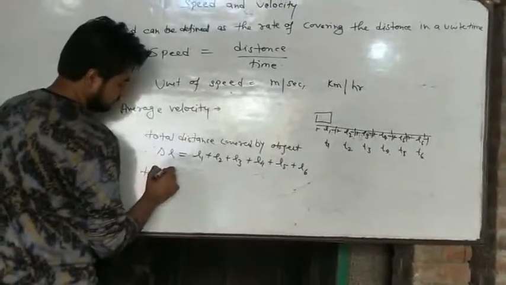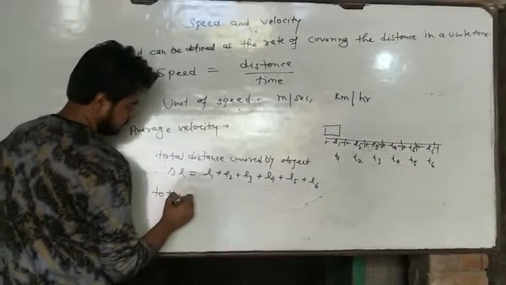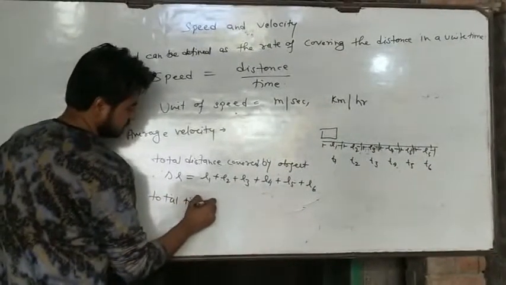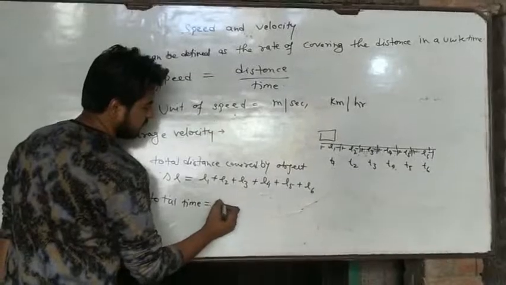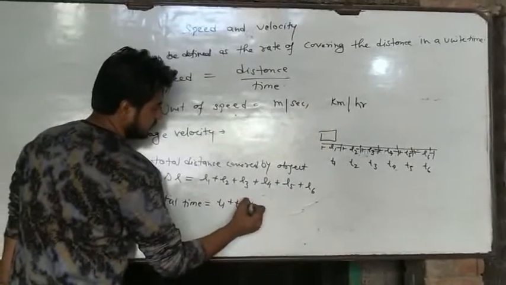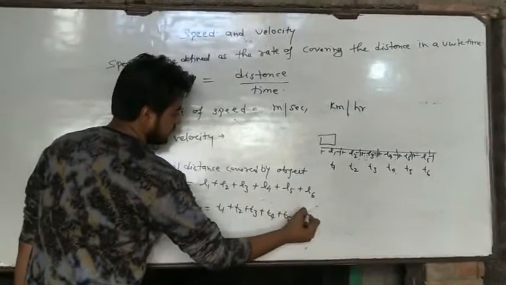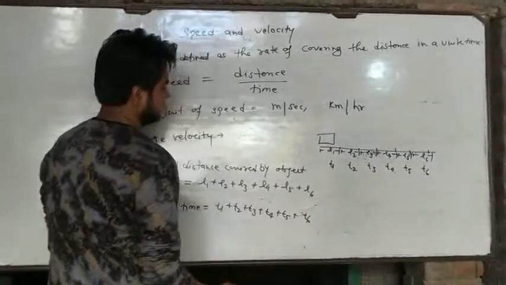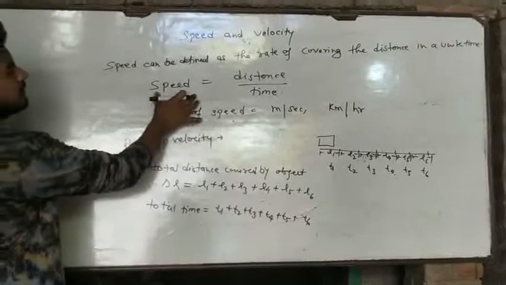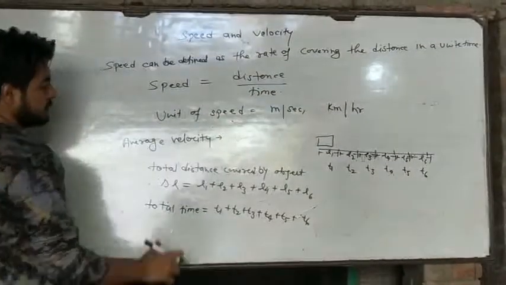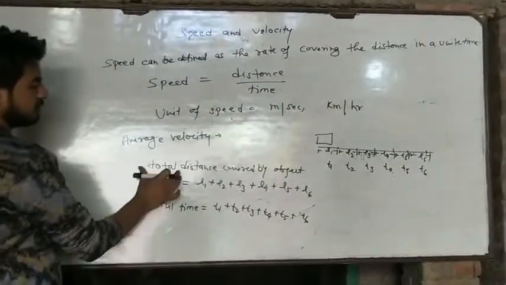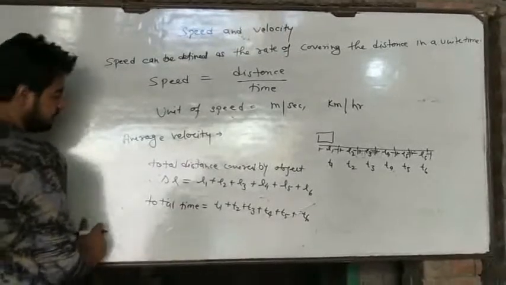The total time is T1 plus T2 plus T3 plus T4 plus T5 plus T6. According to speed, distance upon time. So average velocity is equal to total distance upon total time.